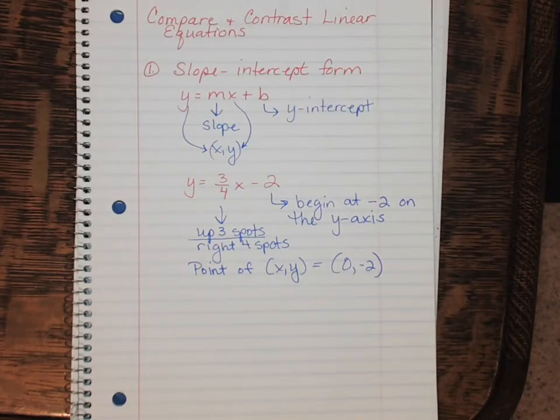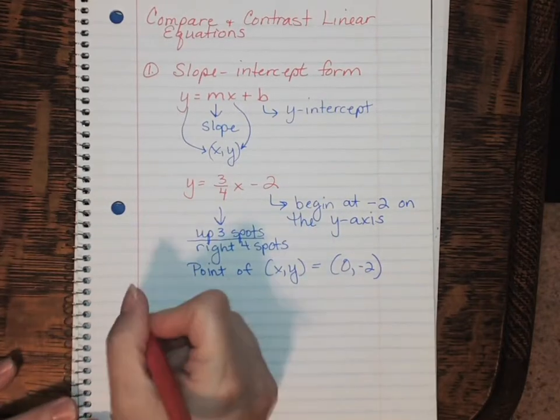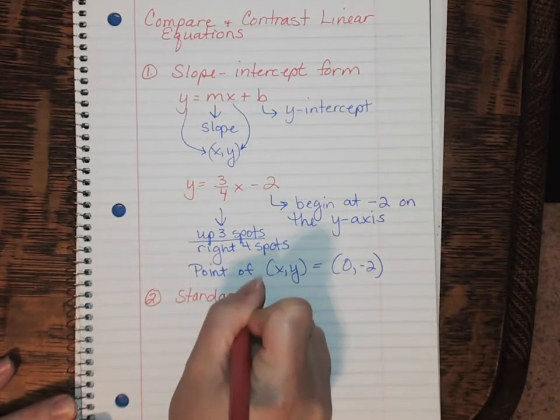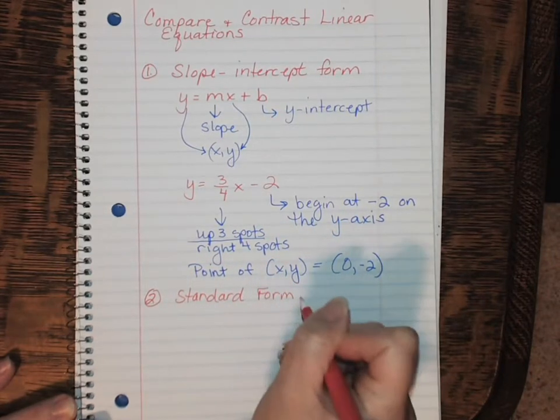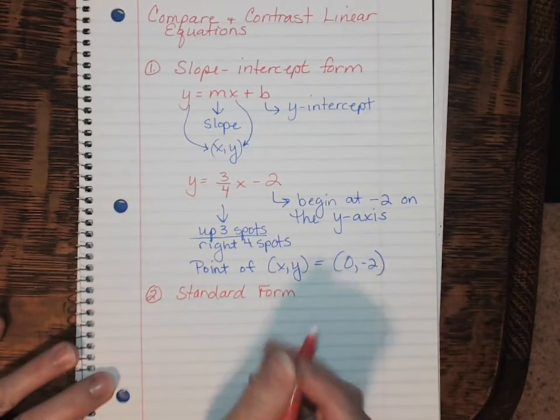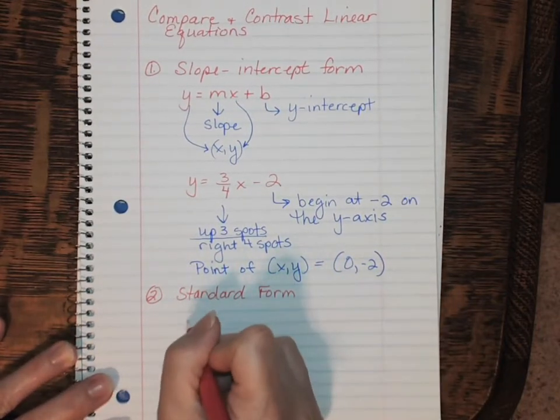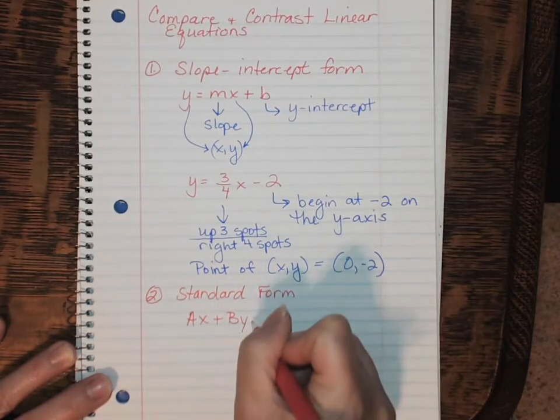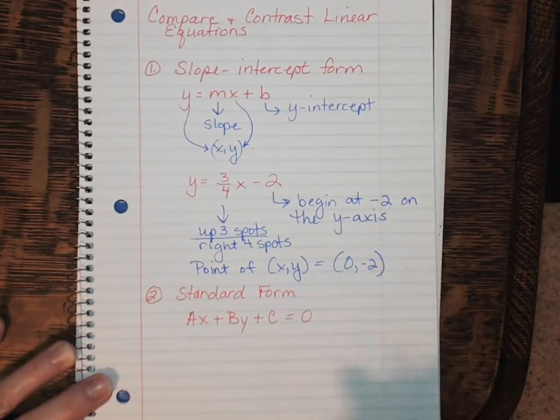And then with the standard form, you can write it a couple of different ways. We talked about ax plus by plus c equals 0.